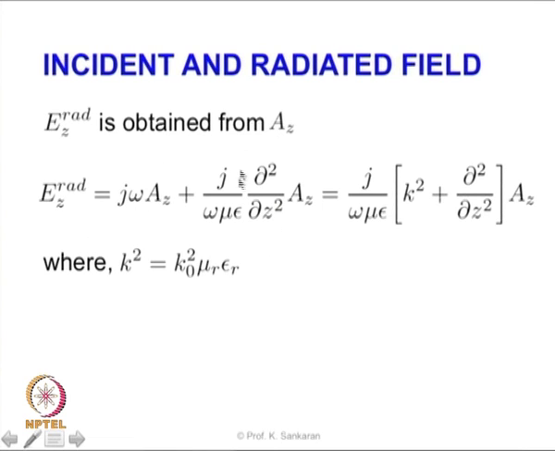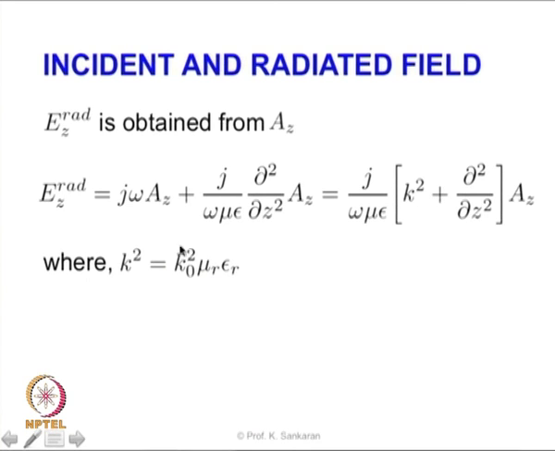Remember, this is nothing but the initial equation we had for computing the electric field using the value of Az, where we had the time derivative of Az plus a certain coefficient and then the Laplacian of A. Here the Laplacian of A will have only one term, which is the del square by del z square term, and you can take the j divided by omega mu epsilon outside, and essentially you will have an equation given by this term, which is k square plus del square by del z square, and then you take the Az out, and we can substitute the value k square is equal to k naught square mu r epsilon r, which is the value that we are substituting.